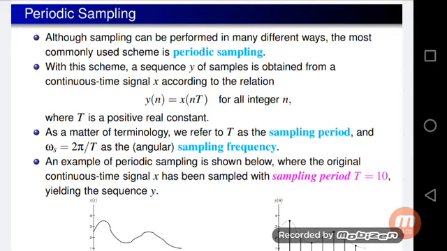As a matter of terminology, we refer to T as the sampling period.